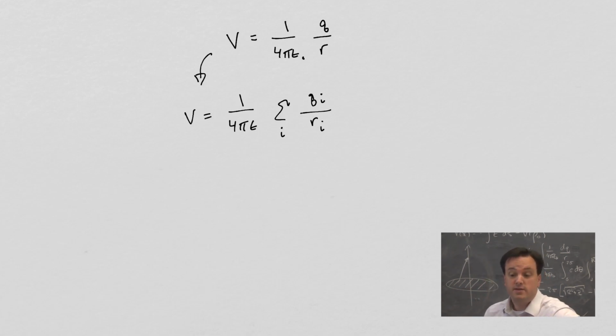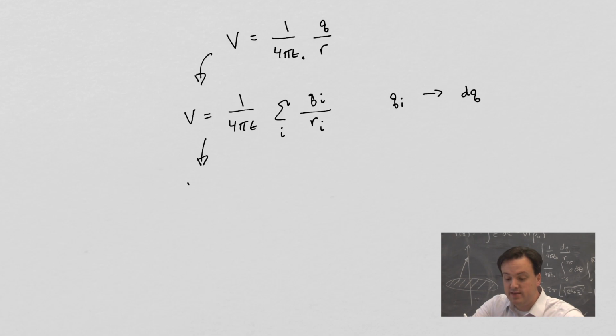And now our experience with expressions that involve sums tells us that as I allow my q_i, all of my charges, to go to a continuous charge distribution, and so I'm going to replace my q_i's with dq, then I can also replace my r_i with that vector. In this case, I'm just talking about the magnitude of the vector, but I know that the idea behind that r is the vector that points from my charge to my reference point. And so I can replace that with the idea of going from dq to my reference point.